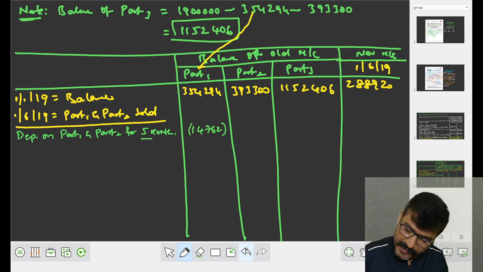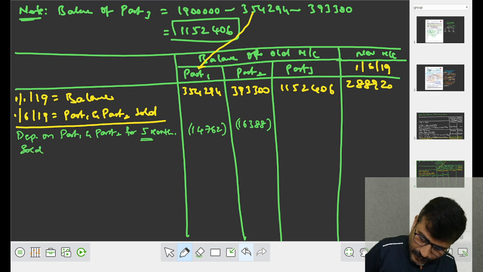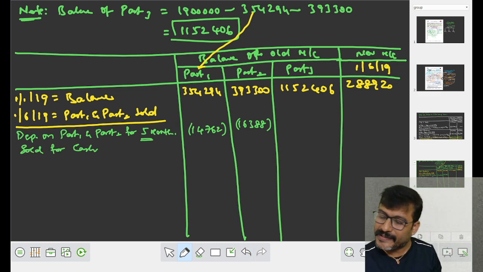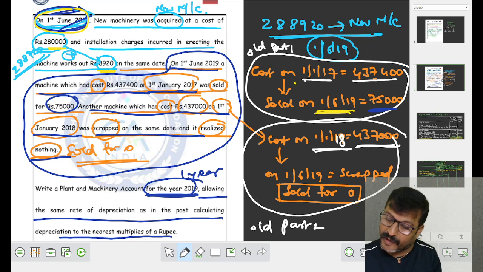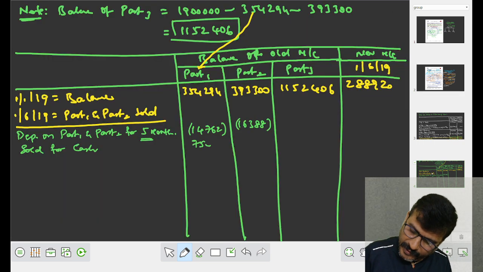For how many months? For 5 by 12. It comes to rupees 16,388. Sold for cash. See, M1 is old machine. Part 1 is sold for how much? 75,000. Part 2 scrapped, realized nothing, right? This is sold for 75,000. This one is sold for 0.